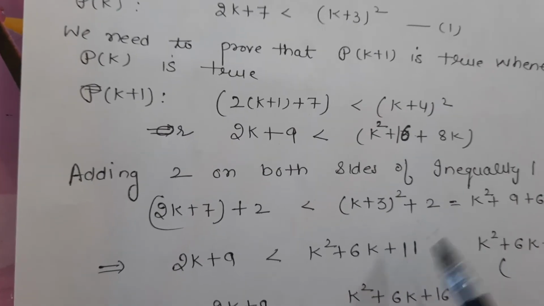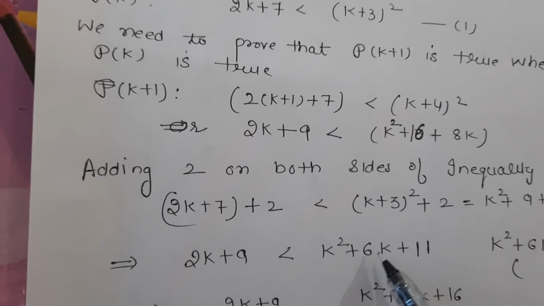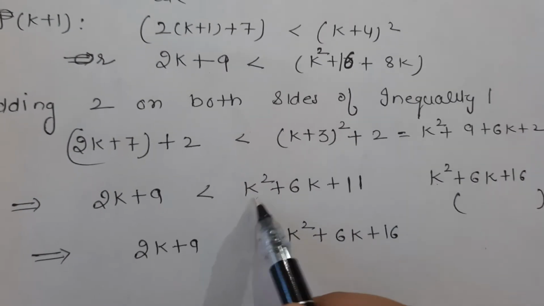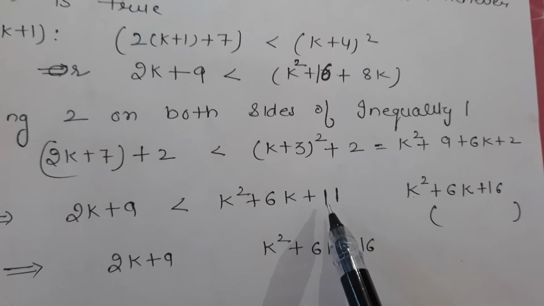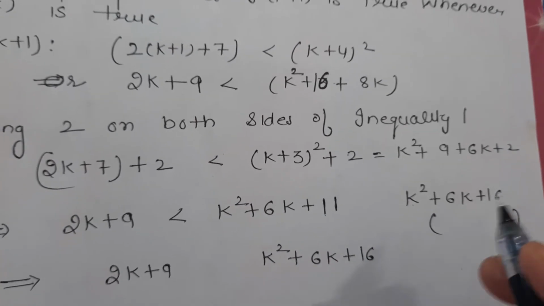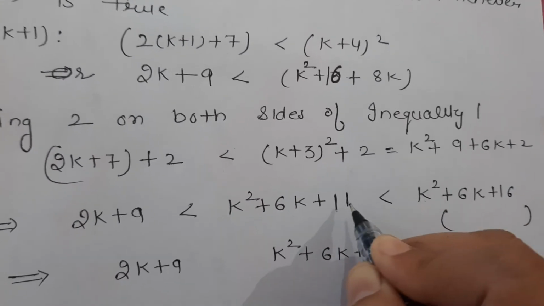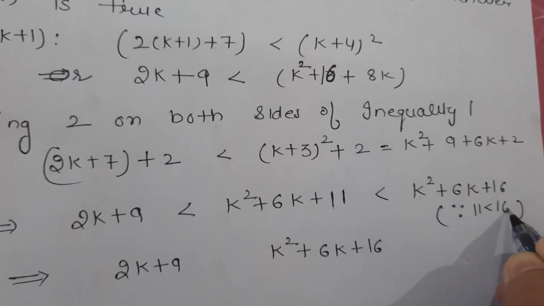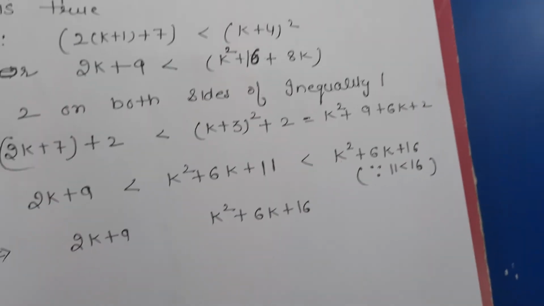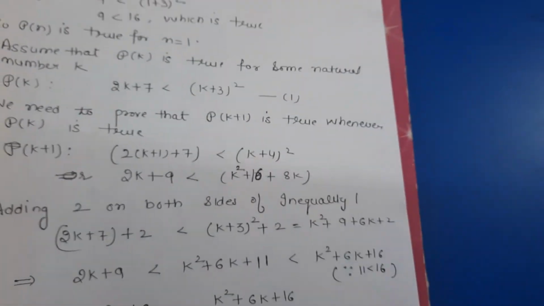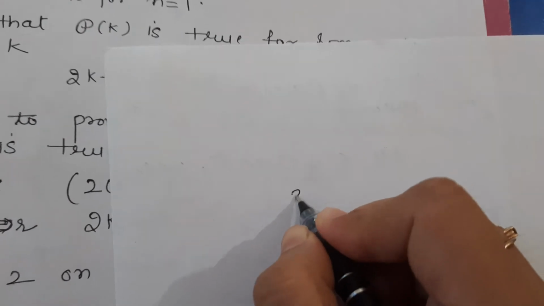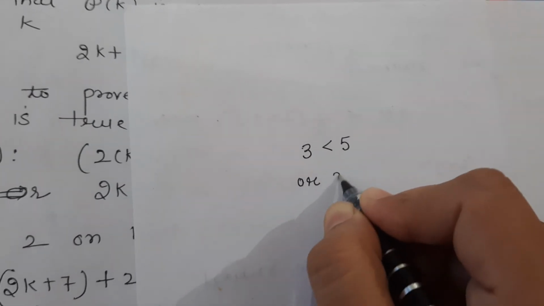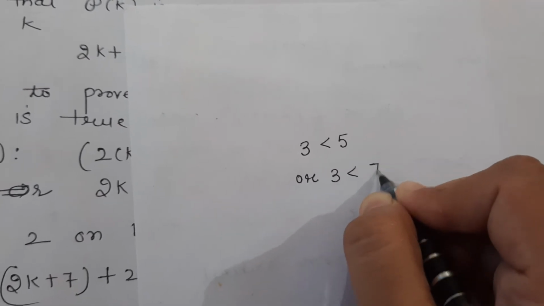But you have 11 here and here you have 6k. Now look here. Write k² as it is, 6k as it is. Here 11, here 16. What sign will you write? You'll just write less than, because 11 < 16 is true. Just look here. 3 less than 5, true? Or I can also write 3 less than 7, true?